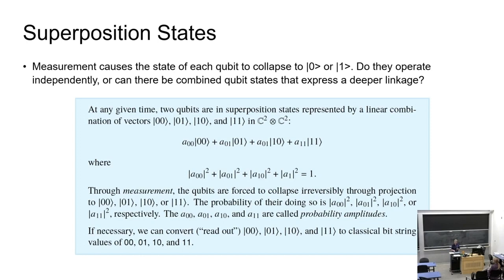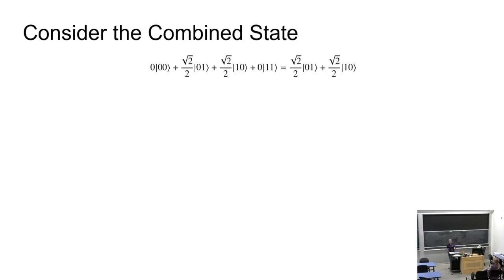So let's think about an example. If our qubits, Q1 and Q2, are in this combined state, then when we measure, what do we expect? What do we expect when we measure this system?